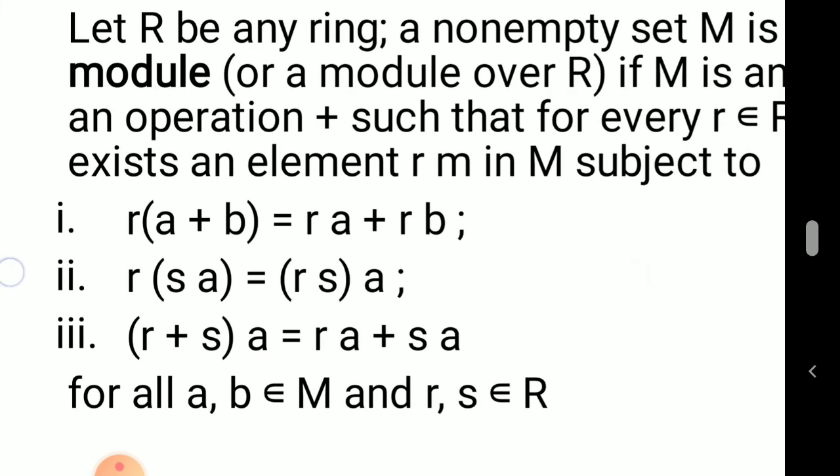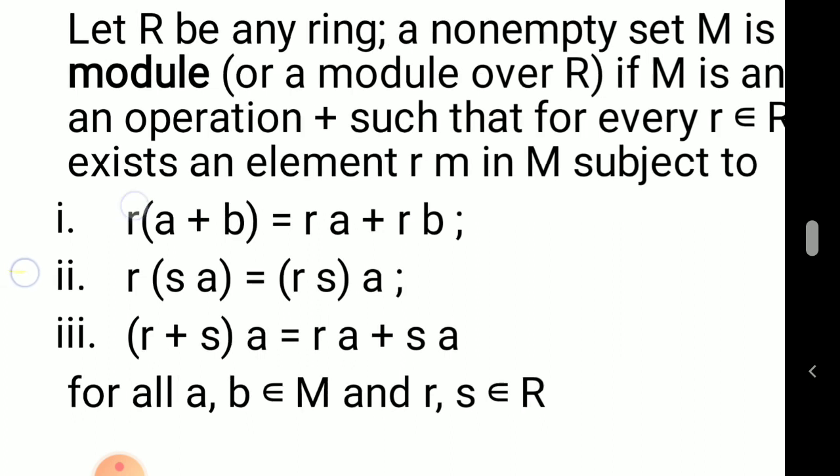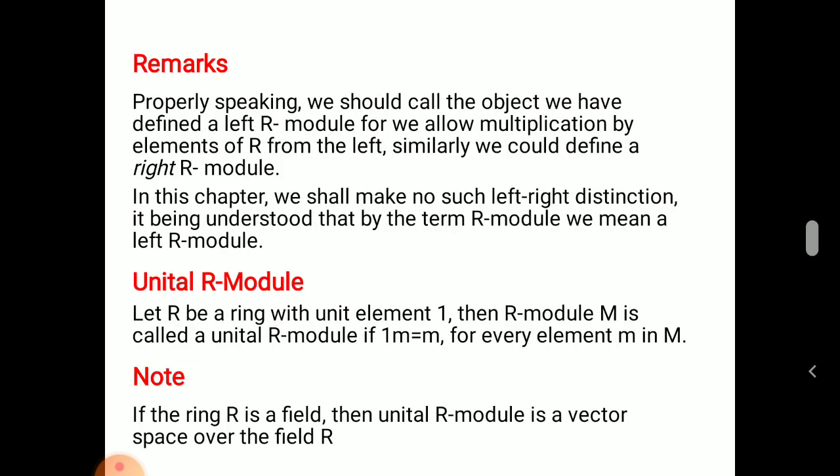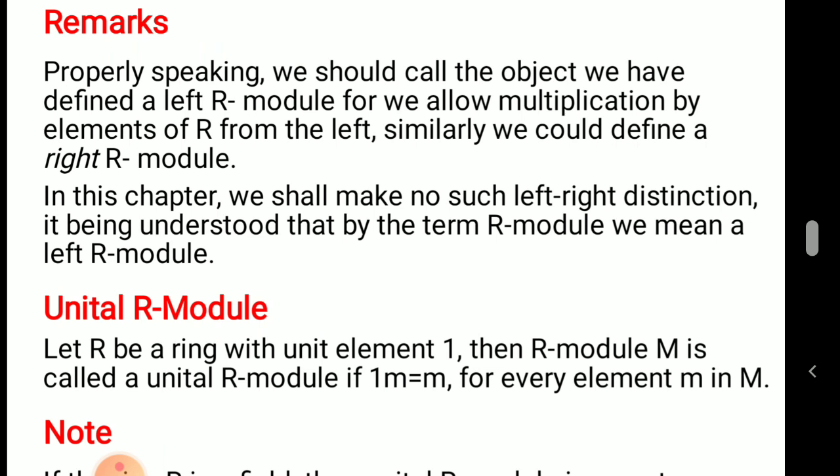Here you have to remember that the element of the arbitrary ring R is multiplied on the left side, and therefore the module is called a left R module. If these elements are multiplied on the right side, then the module is called a right R module. We have mentioned this in a remark.